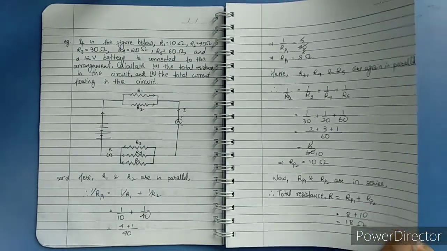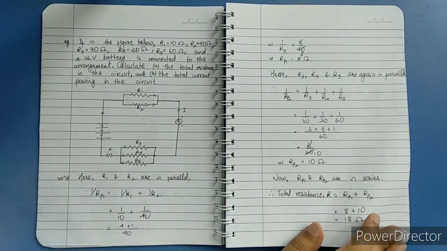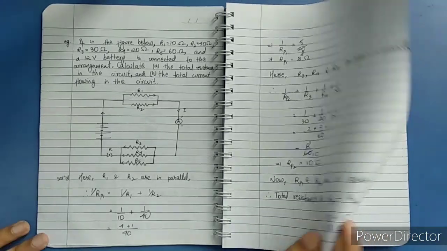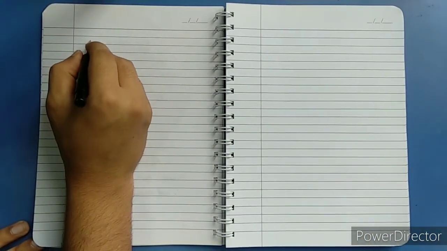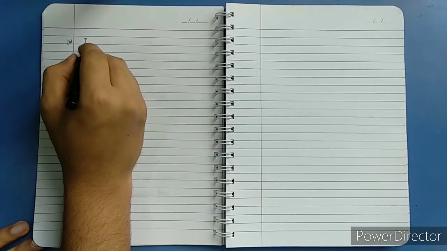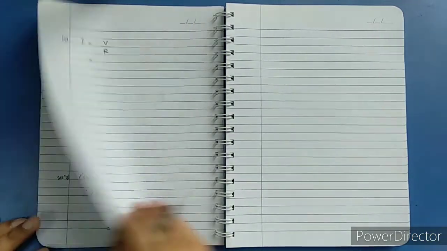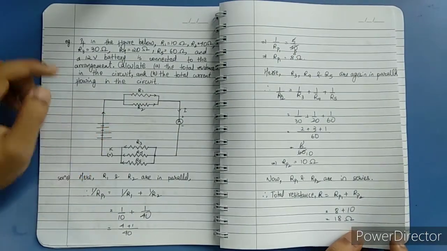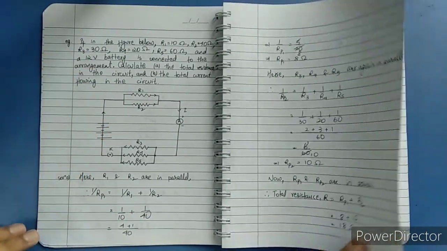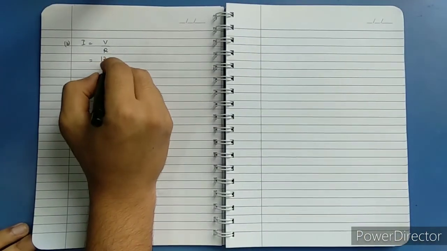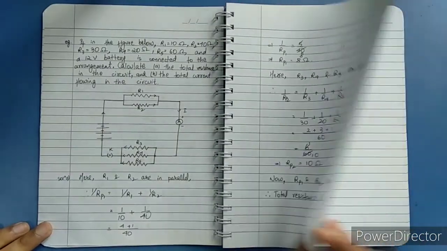Okay. And for part B, we need to find the total current that is flowing. So total current I will be equal to V by R. The value for the battery's voltage that is given to us, total voltage, is 12, by the total resistance that we got, which is 18.